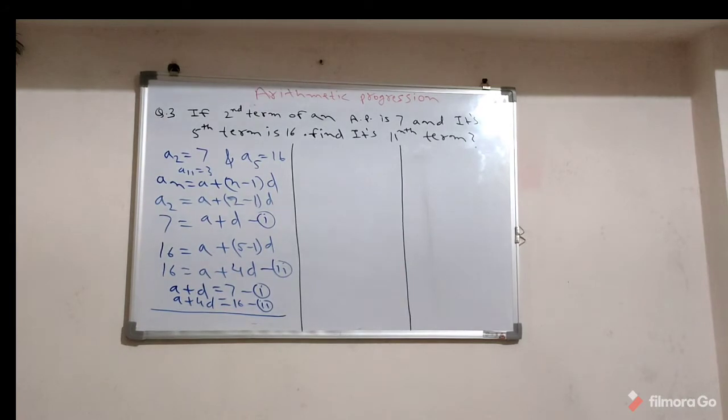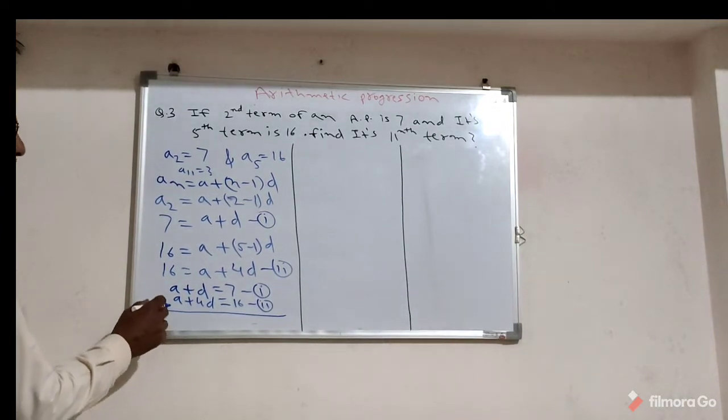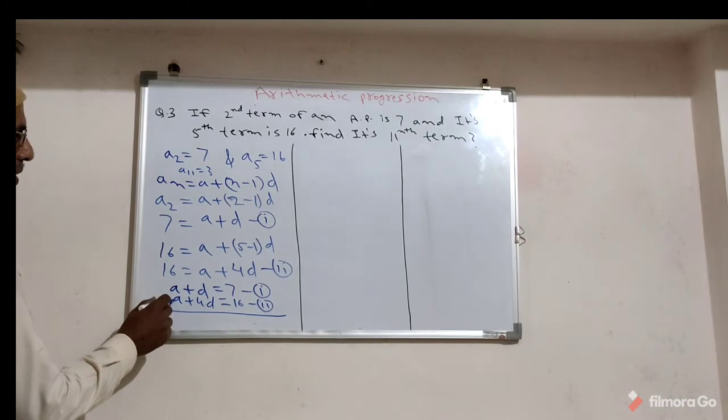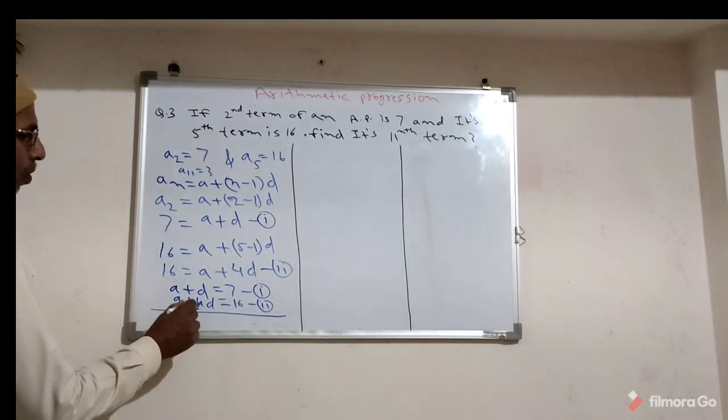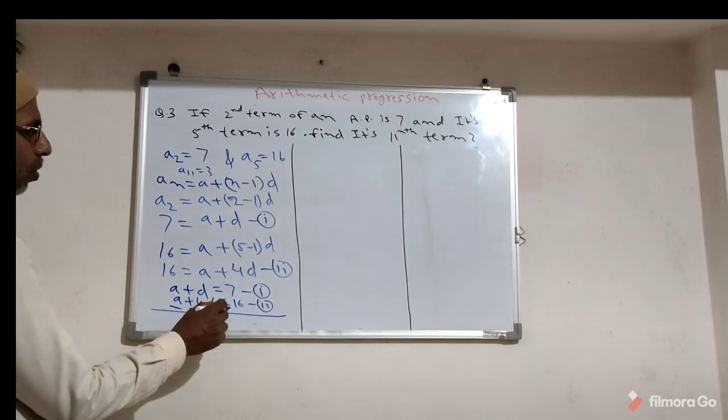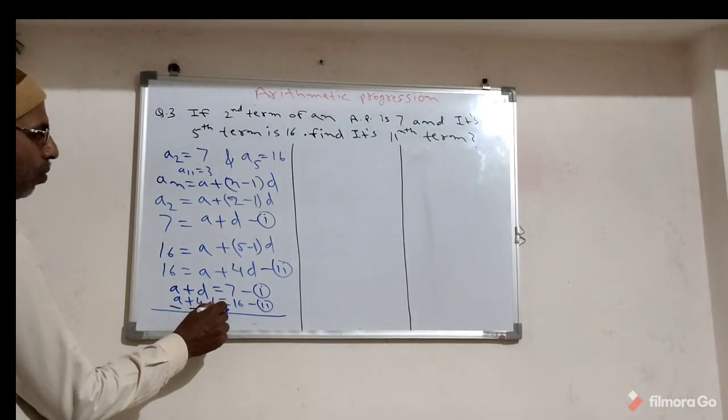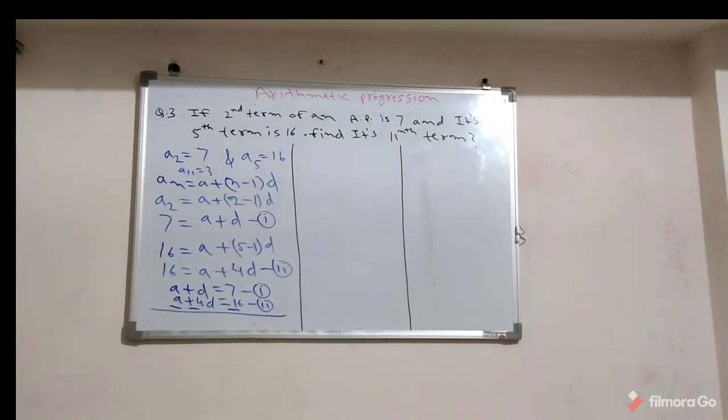By the elimination method, we subtract the second equation from the first. Therefore, we change the signs of the second equation.